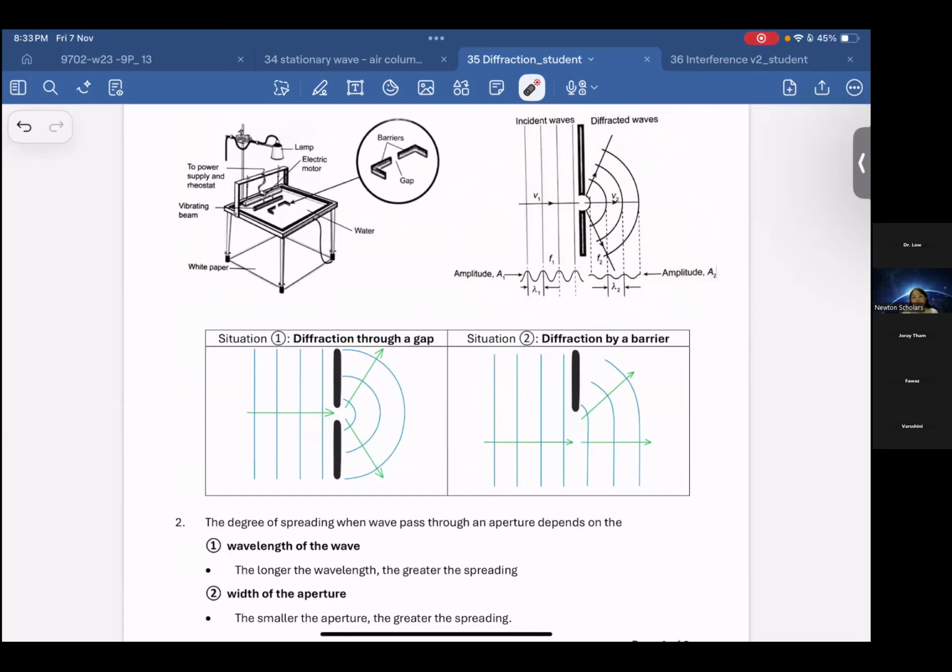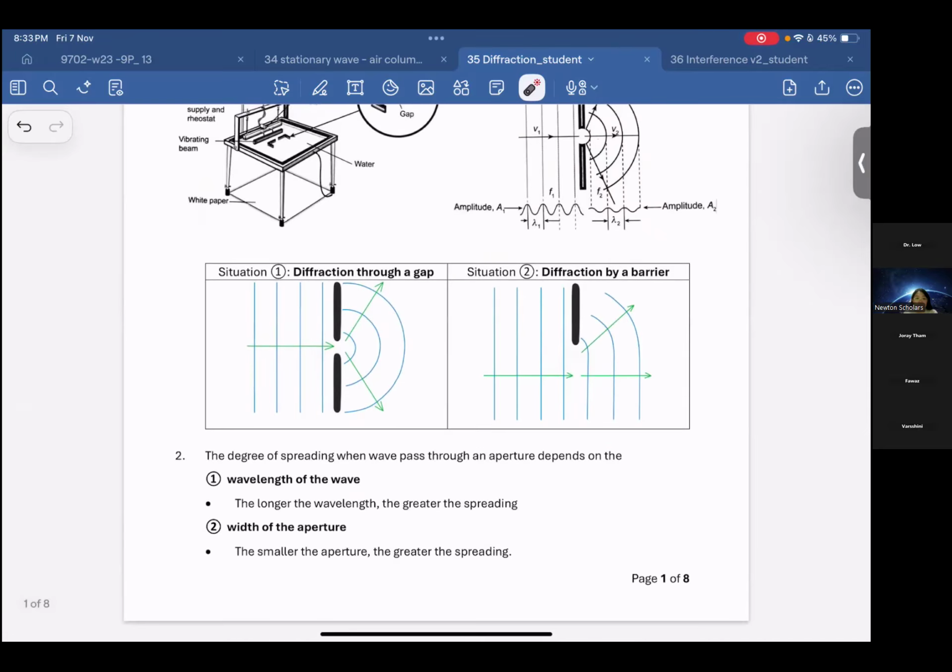Amplitude can be related with the energy, so energy of the wave also reduces. When the water wave hits your boat, it will not be easily damaged. So this is why we need to build a retaining wall in this shape, and then the boat comes and parks somewhere here.